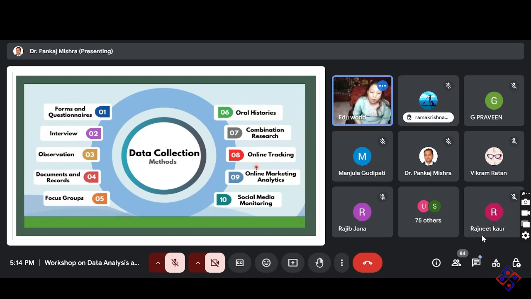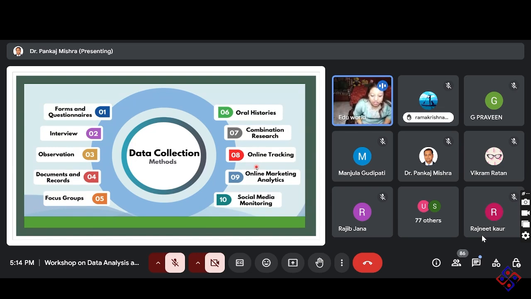In that way, oral histories can help us when we are conducting historical method research. Mostly we use oral histories, but case studies are also there. Oral histories are when a person states the full history of an incident of which he or she was a witness.